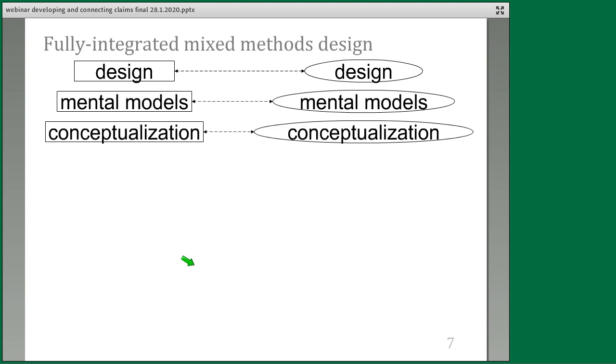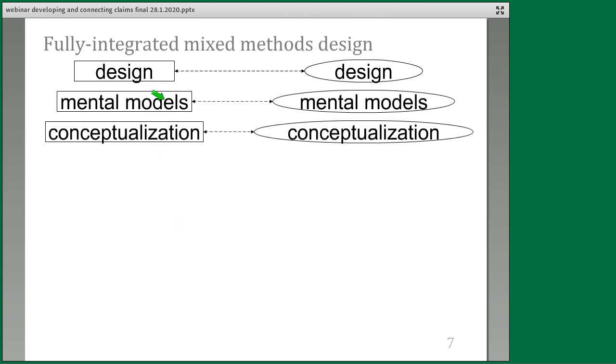So we can have a look at the meta-inference in mixed methods in fully integrated mixed method design. In the literature, often it's stated that mixed method design should be fully integrated, by which scholars mean that we should integrate at the level of design, so having qualitative designs combined with quantitative designs.